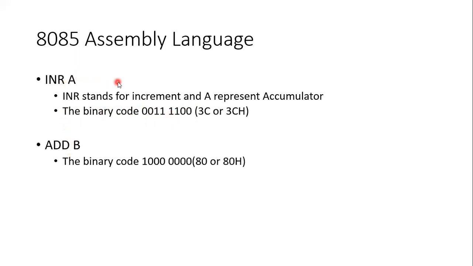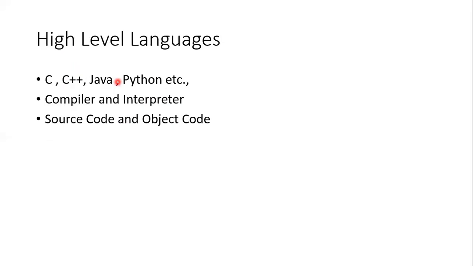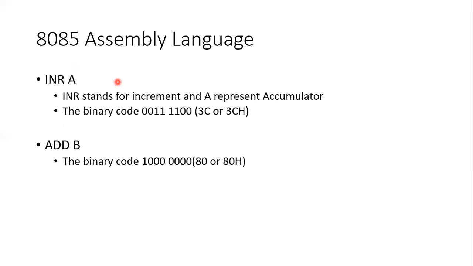That is the role of an assembler. An assembler is an intermediate software which takes the assembly language as input and converts it to machine readable code. So it is like a translator.